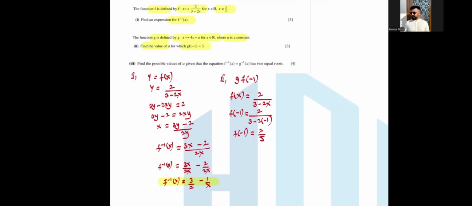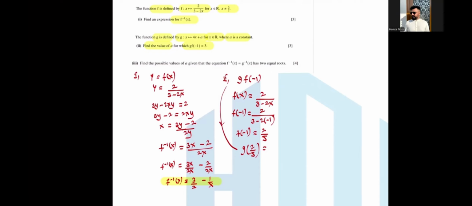So now this will become the input of the g(x) function. So we need to find g(2/5), which is exactly the same thing as saying g(f(-1)). So this g(2/5) is equal to 3, as we know that g(f(-1)) is equal to 3.